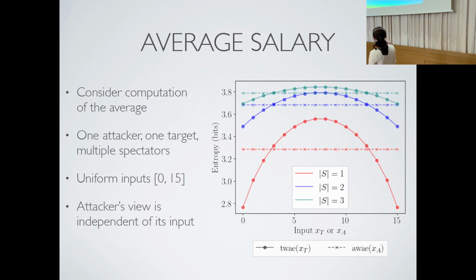In this figure, you'll see that the straight lines are the adversarial advantage, or rather the uncertainty that is remaining after the computation.